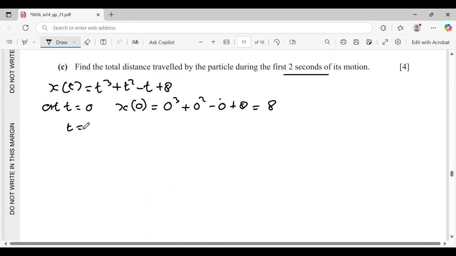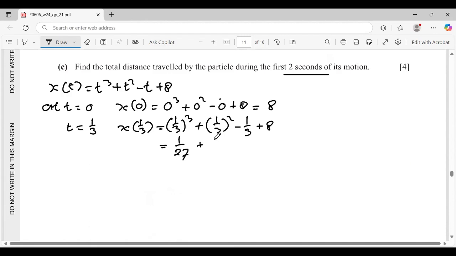When t equals 1/3, x(1/3) is 1/3 cubed plus 1/3 squared minus 1/3 plus 8. It is 1 over 27 plus 1 over 9 minus 1/3 plus 8. And if you calculate, the result is 211 over 27.